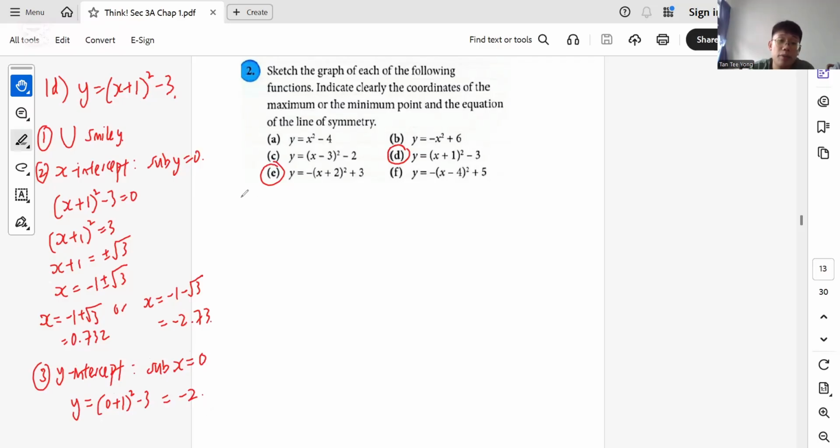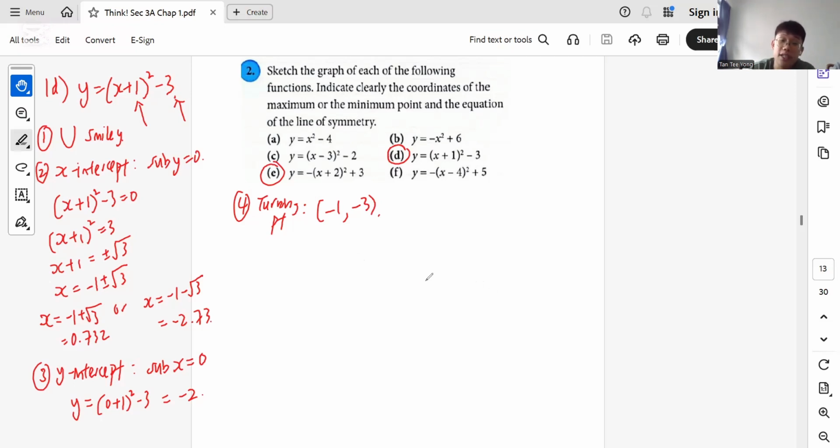Then point number 4 is your turning point. For the turning point, very easy now. It's different from the factorized form. You just look at the components of the completed square form. Your turning point is these two values over here, so it's just -1 and -3. That's your turning point.